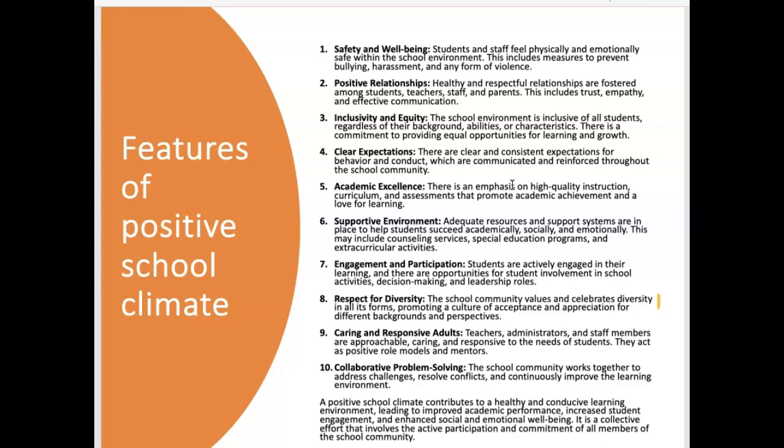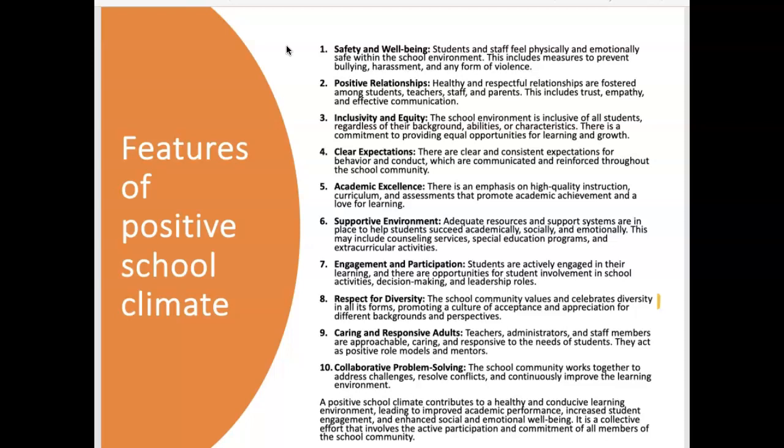For example, you can observe specific instances of respectful relationships while you're in your O&P, but you will not be able to say, this school has a positive school climate because it has respectful relationships.